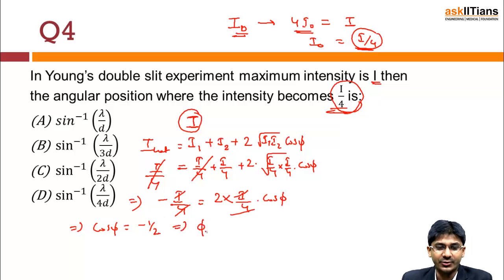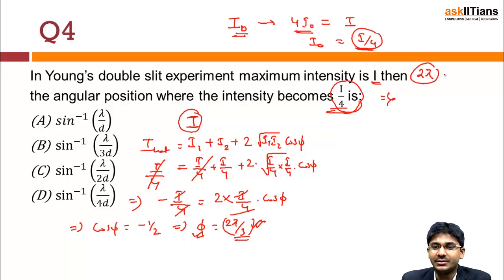That means what is the value of phi? This is actually 2 pi by 3. Okay. So this is the value. This is 2 pi by 3. Now if the value of phi is 2 pi by 3, in terms of lambda, what will be the path difference?